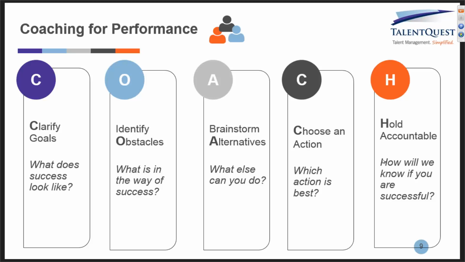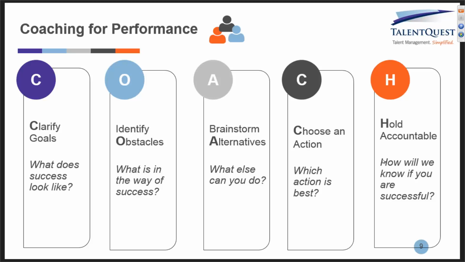And these are questions that you can ask with your employees so that you all are able to come to these conclusions together and to really spend some time thinking through these and identifying those obstacles. And then once you've identified the obstacles, how are you going to overcome those? So we suggest brainstorming alternatives. So in this coaching session, you've clarified the goals, what success looks like.